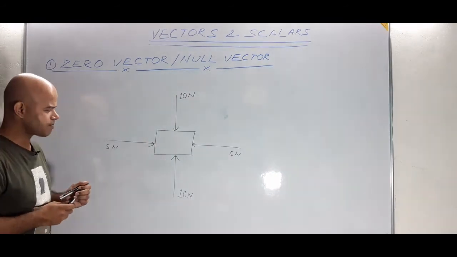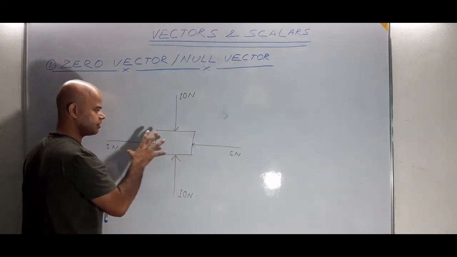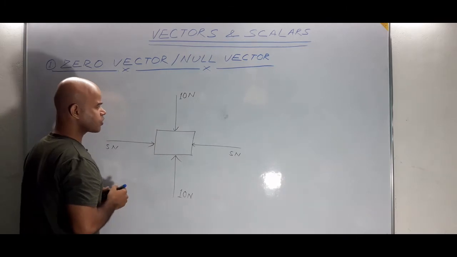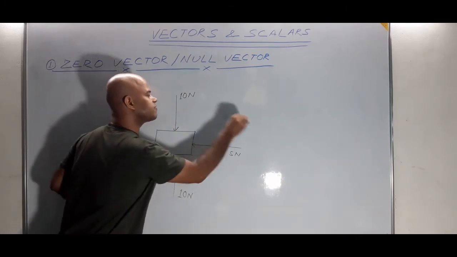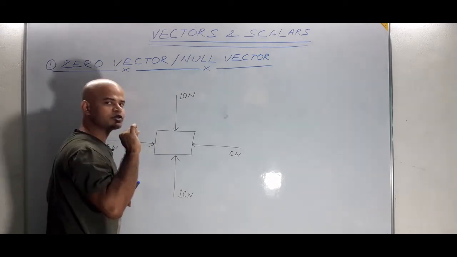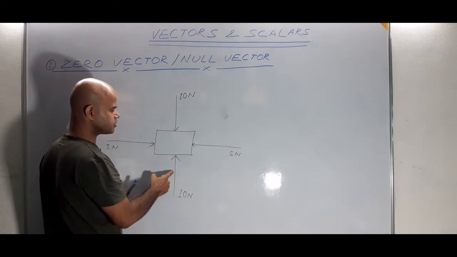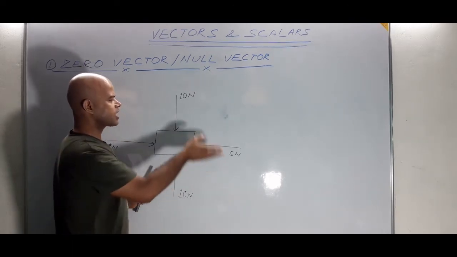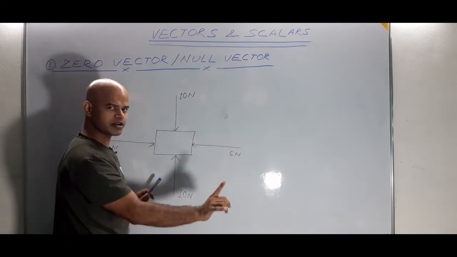What exactly is happening? You see, four vector quantities are there acting on this block, which is a force. Here you can see these four can add up to give a value that will be force itself, a vector quantity. Means these four vector quantities will add up to give a vector quantity, not a scalar quantity. They cannot add up to give mass or length like that. They'll give force only, a vector quantity.